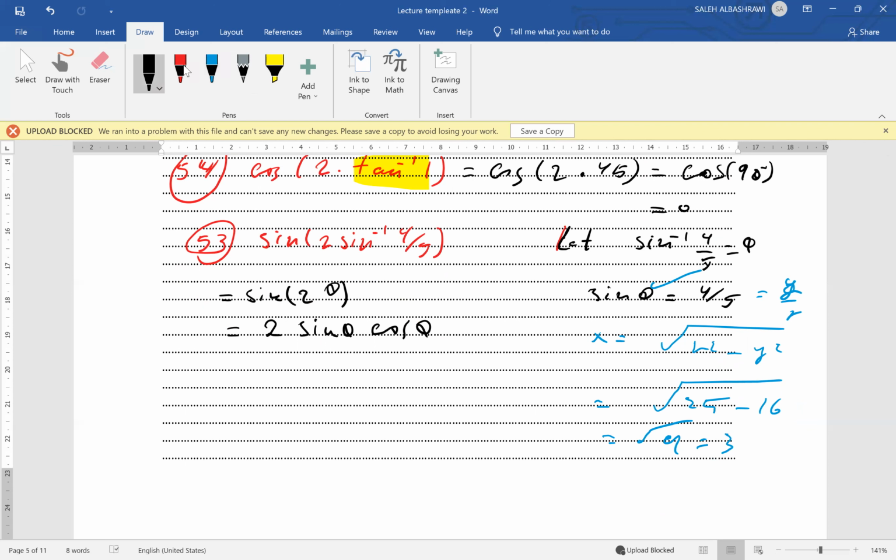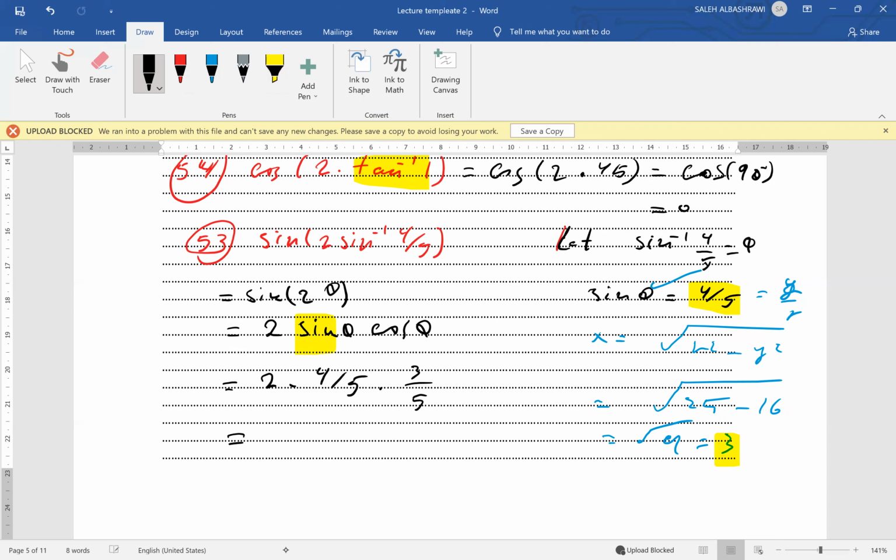So cosine theta is equal to x over r. I will have 2 multiplied by sine theta, which is given by 4 over 5, multiplied by cosine theta. Cosine theta is equal to x over r, and x is equal to 3 divided by r, which is equal to 5. That is 2 multiplied by sine theta and cosine theta.